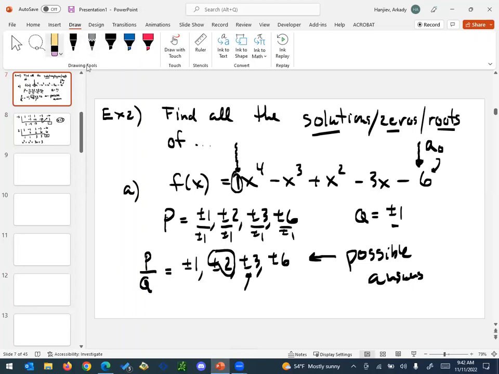Right, because these are all possible answers, right? So we tested 1, we tested -1, that didn't work. We tested 2, and it did work. It gave us a 0. So there's my 2. And because these are possible answers, some may work, some may not.